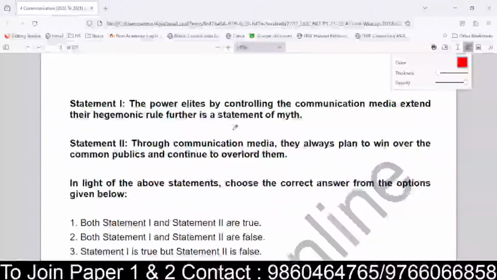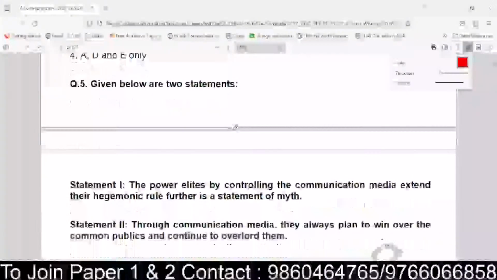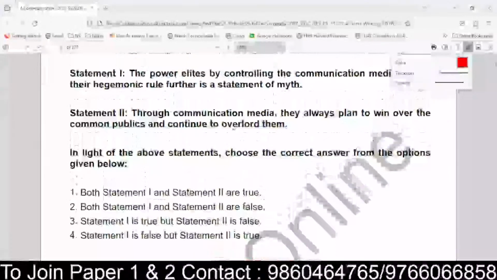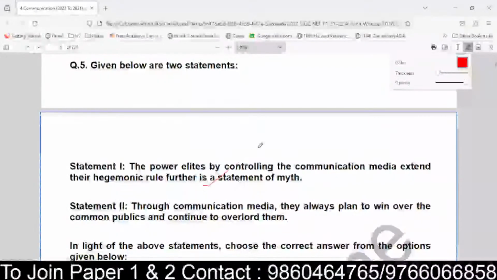So we are talking about the power elites controlling the communication. Their hegemonic rule is extended to the statement of myth, and through communication media the plan is to win over the common public and continue to overload them. Looking at both statements, the power is not extended to a myth.